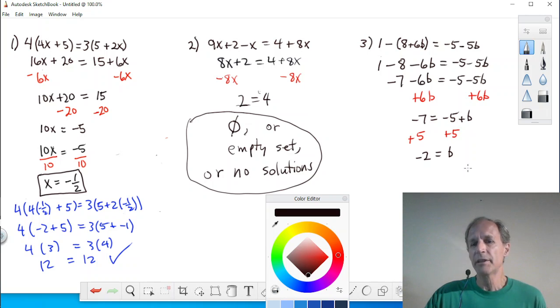If we had turned out with a negative b at the end, we could at that point divide both sides by negative 1, or multiply both sides by negative 1. Doesn't matter. You would have to do that to make b positive. We don't have to do that. We're done.